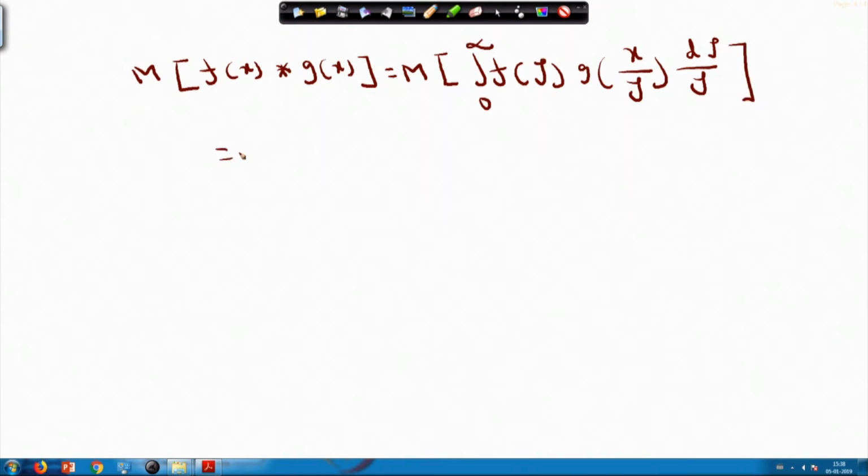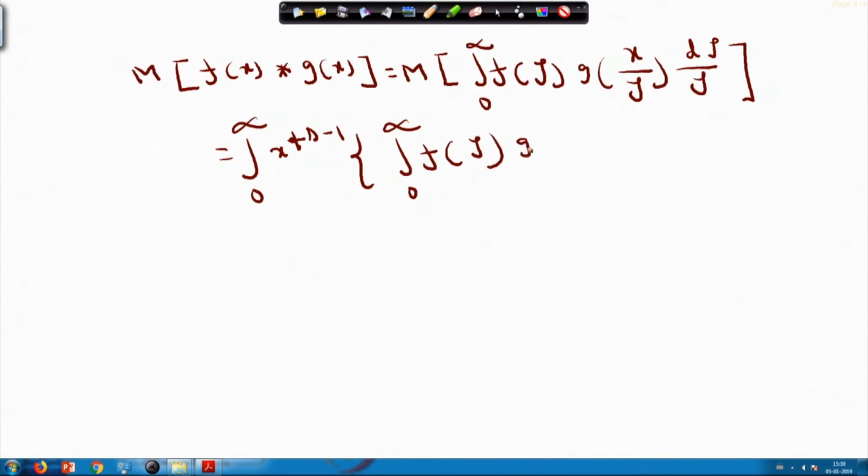If I put in the definition of the Mellin transform, you will obtain x to the power s minus 1 into this integral, that is 0 to infinity f(eta) g(x/eta) d eta/eta, into dx.